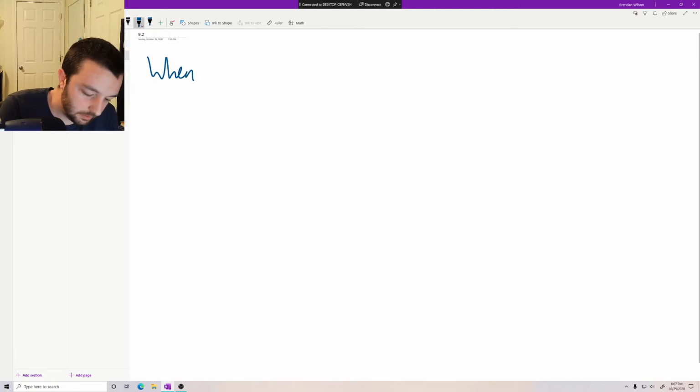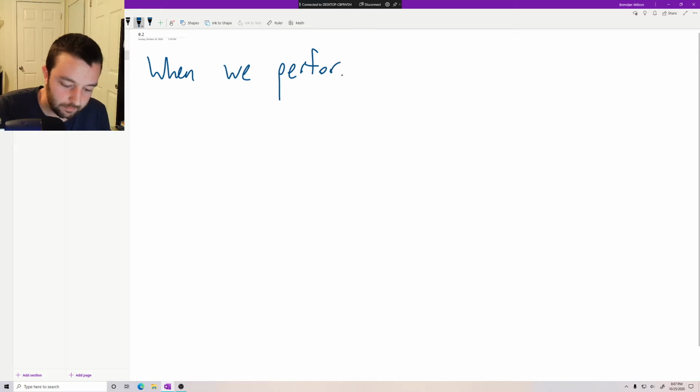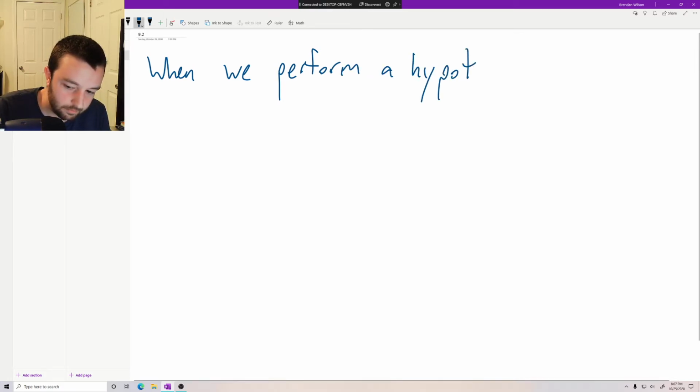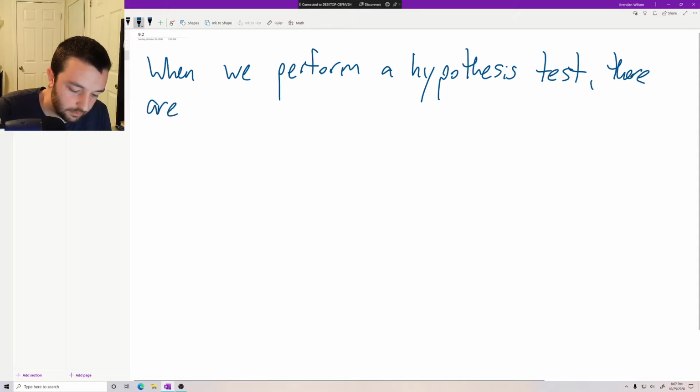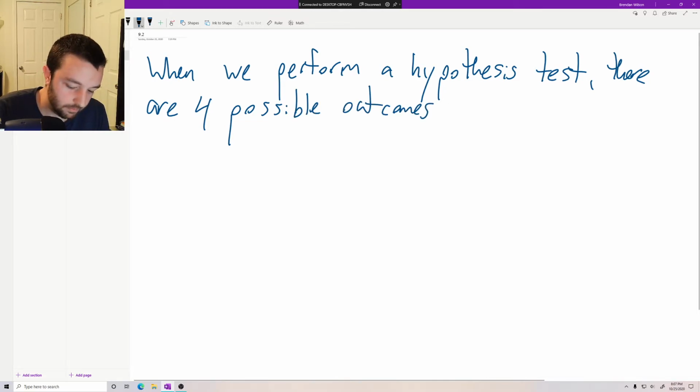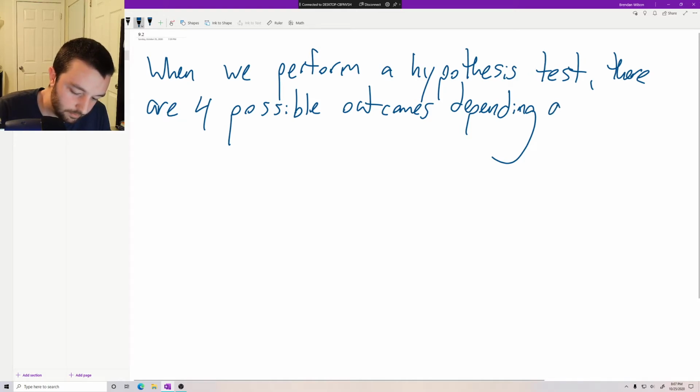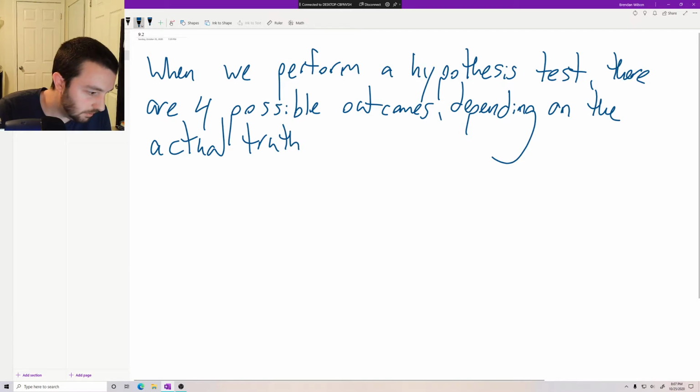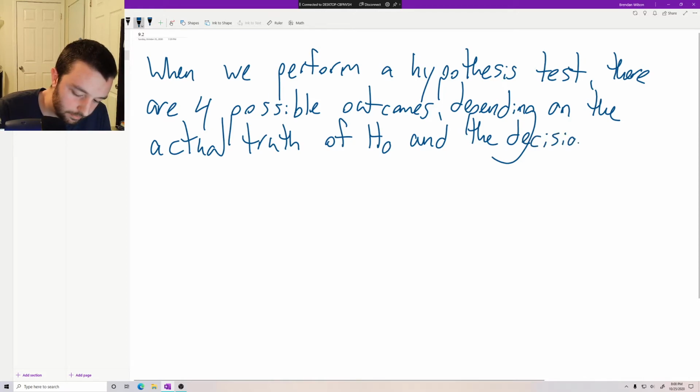Essentially, when we perform a hypothesis test, there are four possible outcomes depending on the actual truth of the null hypothesis H naught and the decision to reject or not.